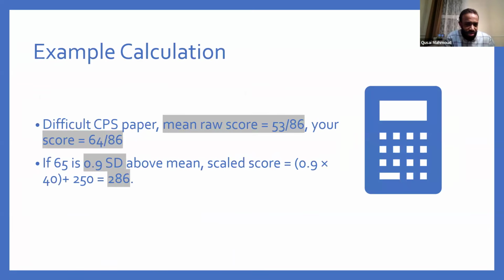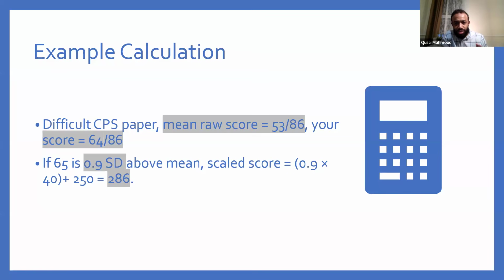Okay, so let's have another example. If you are having a very difficult exam, by very difficult, I mean the raw average score was 53. The average of the people was 53, which is much lower than the previous one. The exam is very tough, a lot of mistakes from everyone.